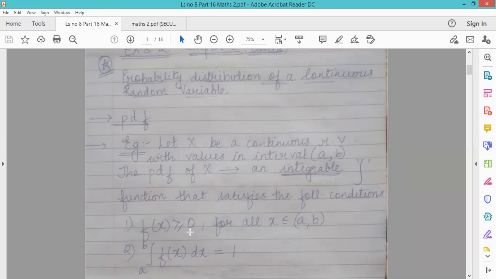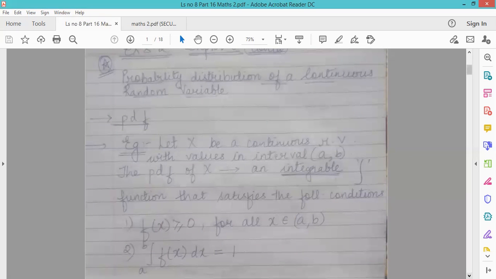The function of x, the frequency of x cannot be negative for all x belonging to a comma b. Second thing, integration a to b, f of x dx should be equal to 1. So that means whatever integrals may be, lower limit to upper limit, the integration of f of x dx should be equal to 1. Okay.